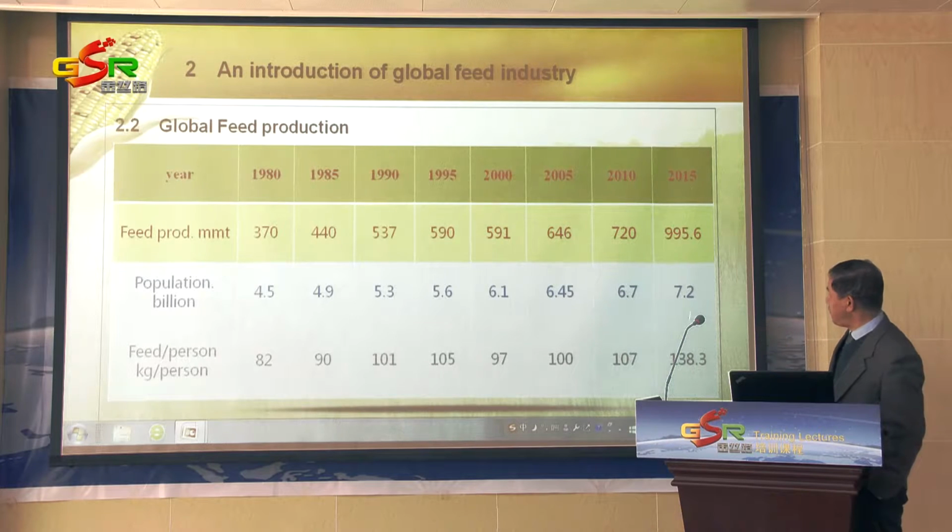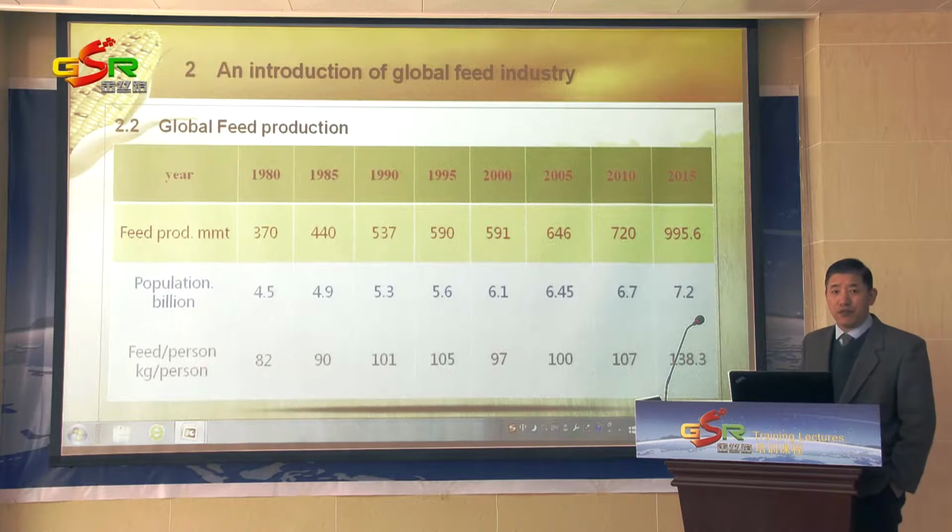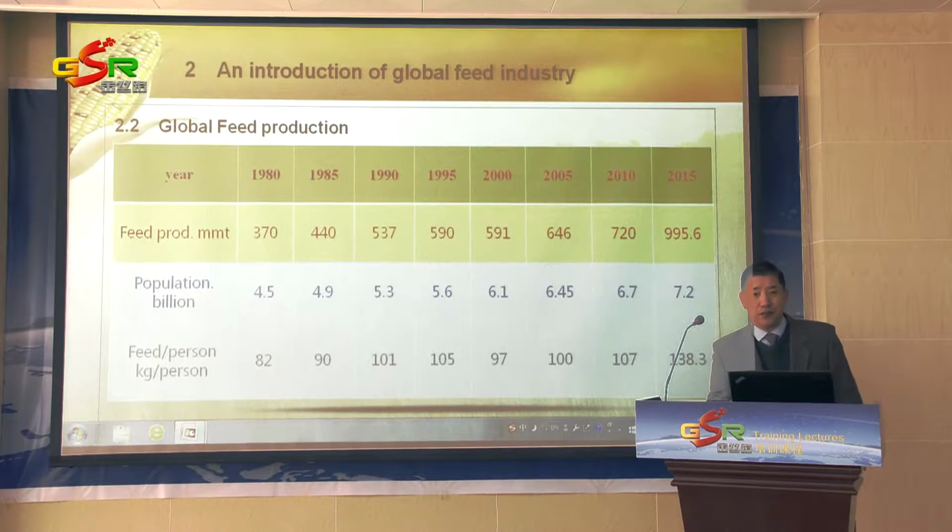But in 2015, this data have reached 138 kilograms per person per year. So we can see in this period, the feed production increase surpassed the increase of population. That means we have more animal food to eat.